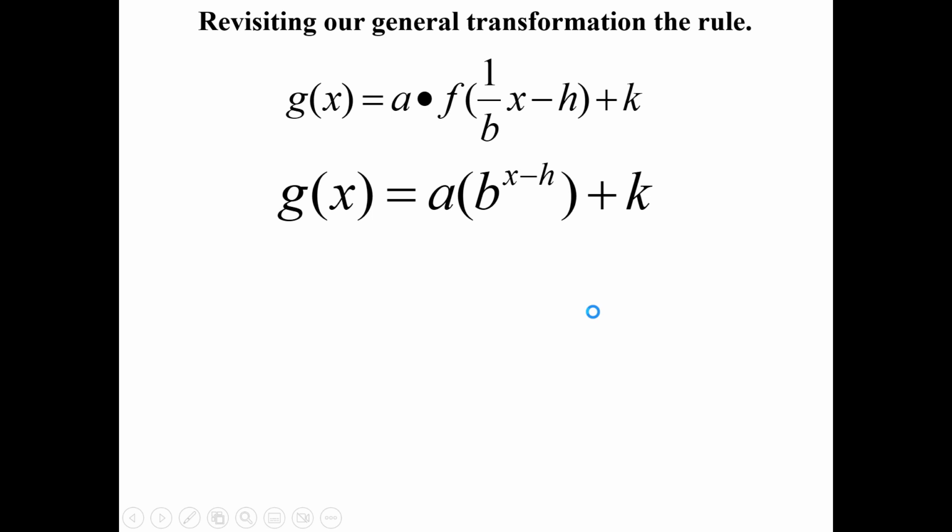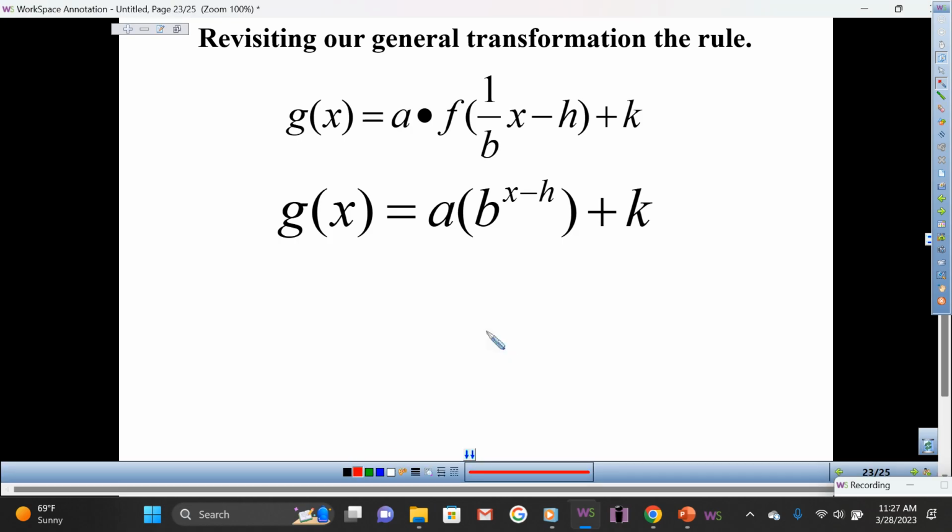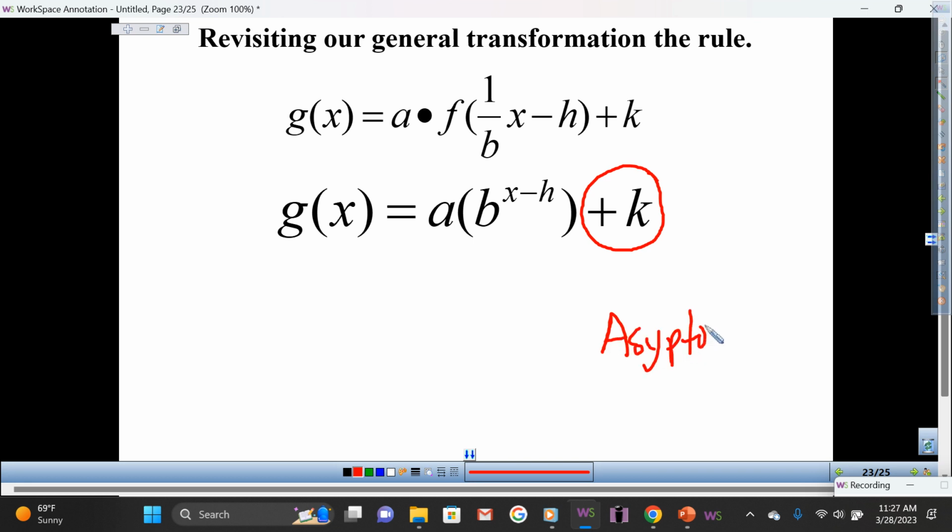However, for today, circle K in red. Circle K. Ha ha ha. See what I did there? Never mind. That one still serves a second purpose, and that purpose is known to us as an asymptote. Tell your neighbor which asymptote.